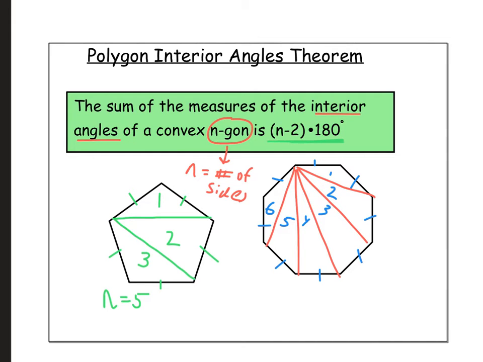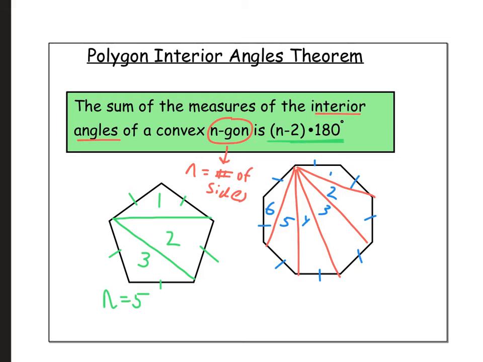Each triangle would be composed of 180 degrees. So 6 times 180 will give us the angle sum. So this little formula, you might want to start a list where you have the formulas. There's a few in here. But this is the way to find the sum of the measures of interior angles. So it's always that n minus 2 times 180.